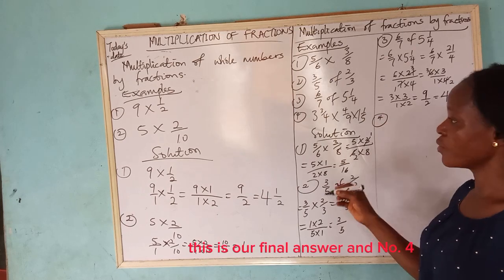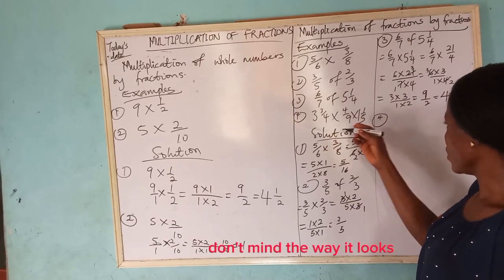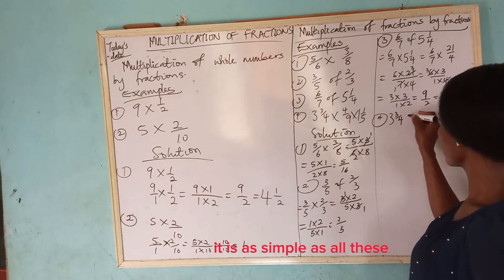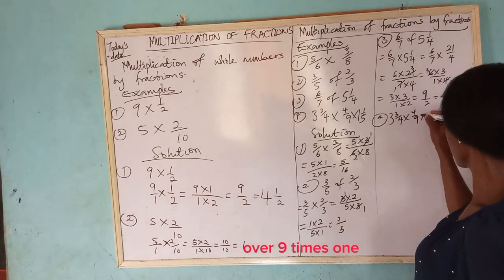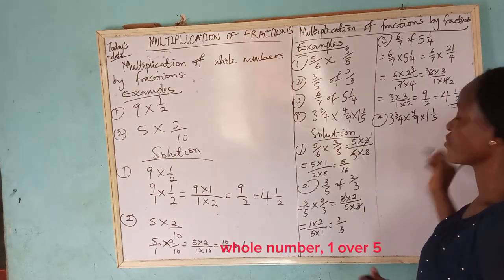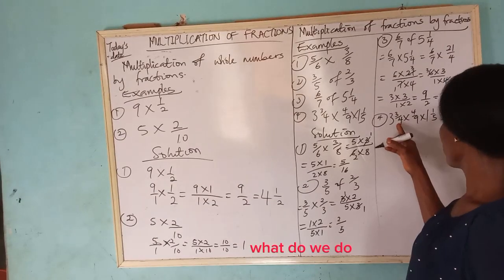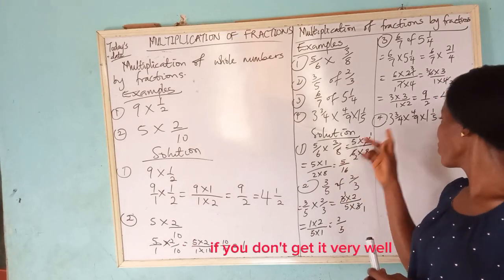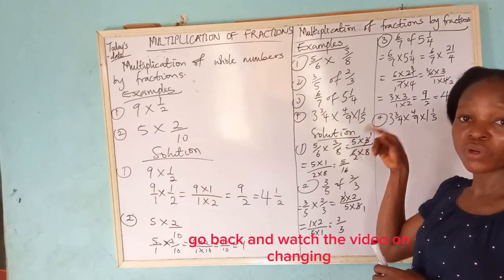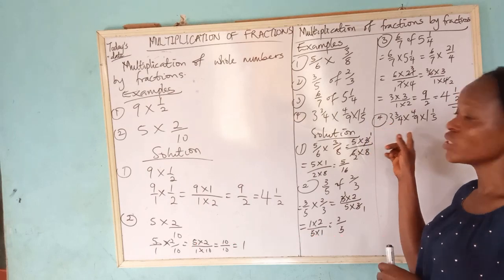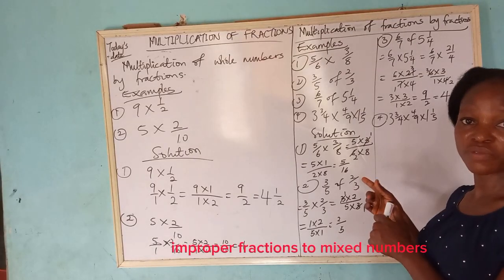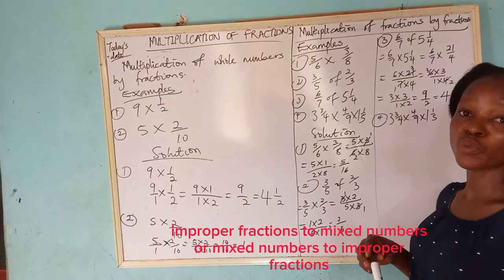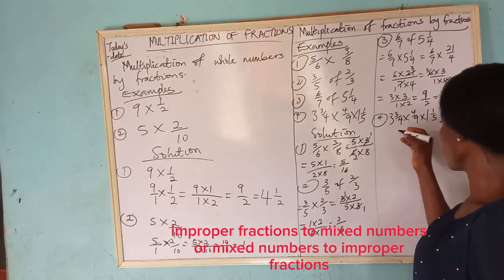And number 4. Don't mind the way it looks. It is as simple as all this. Times 4 over 9 times 1 over 5. What do we do? We change it to an improper fraction. If you don't get this very well, go back and watch the video on changing improper fractions to mixed numbers or mixed numbers to improper fractions.